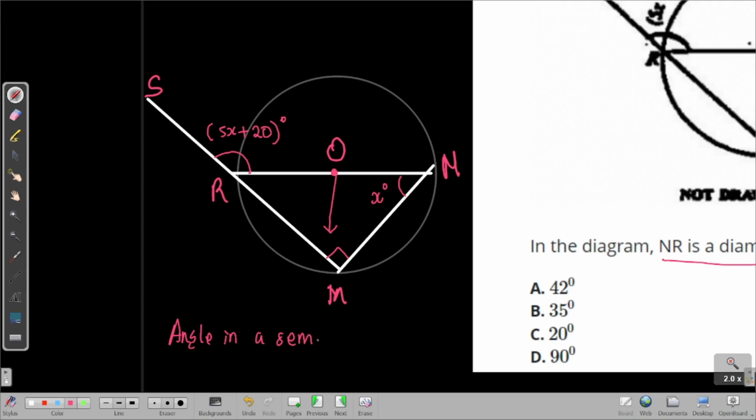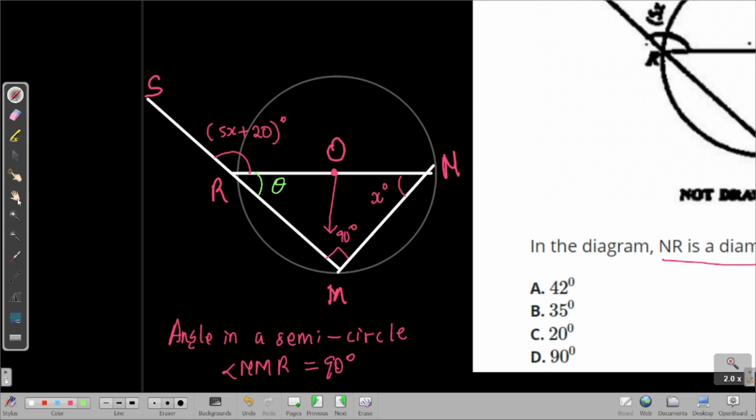You know that the diameter will divide the circle into 2 parts. That's why it is a semicircle. So the angle that is opposite the diameter is a right angle. So this is 90 degrees. So angle NMR is 90. Now we need to find x. Let's try to look for what this angle is. Let's call that theta.